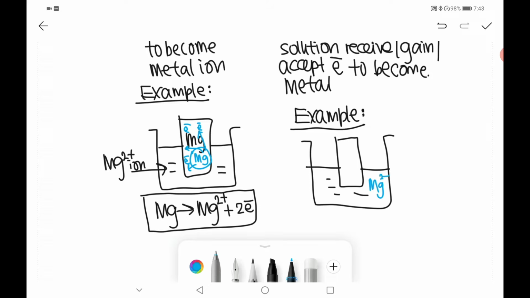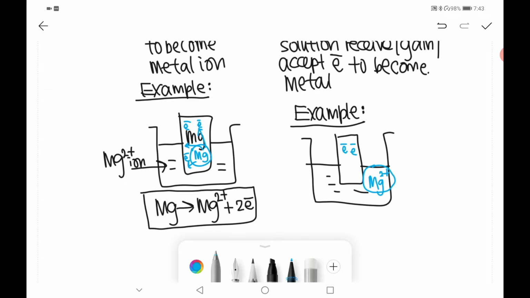So the magnesium ion here will go to the electrode here. Remember just now the electrode got many electrons. Why did the electrode get many electrons? Because the electrons just now were donated by magnesium. When magnesium donated the electrons, they stay inside the electrode.